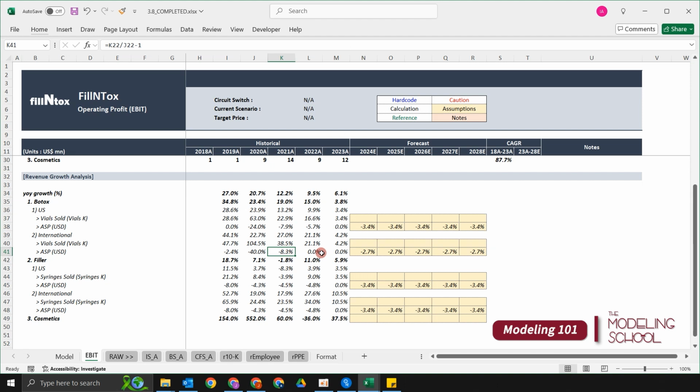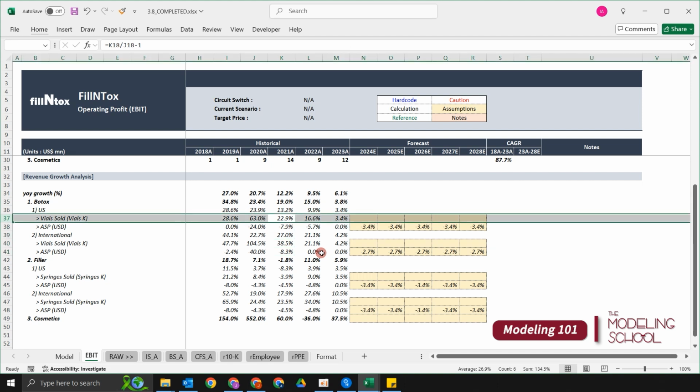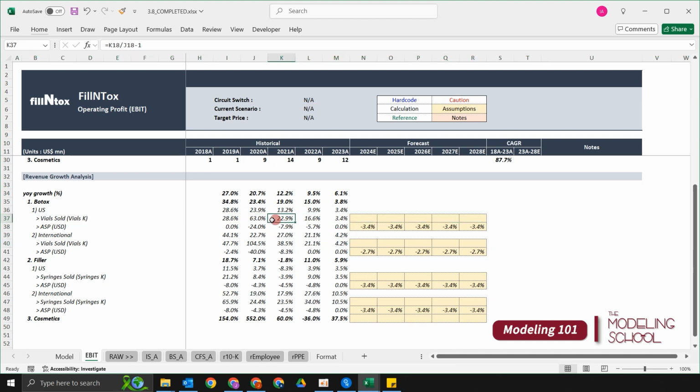So that is why if we go to Financial Modeling 301 courses later on, we will build a scenario analysis where we create 3 different scenarios. So a base case, a best case, a worst case, or a bull bear case, if you want to call them that way. We're going to build scenarios where vials sold grows quicker or slower. But for now, we're just going to build the base case, which we're going to assign half of historical CAGR.